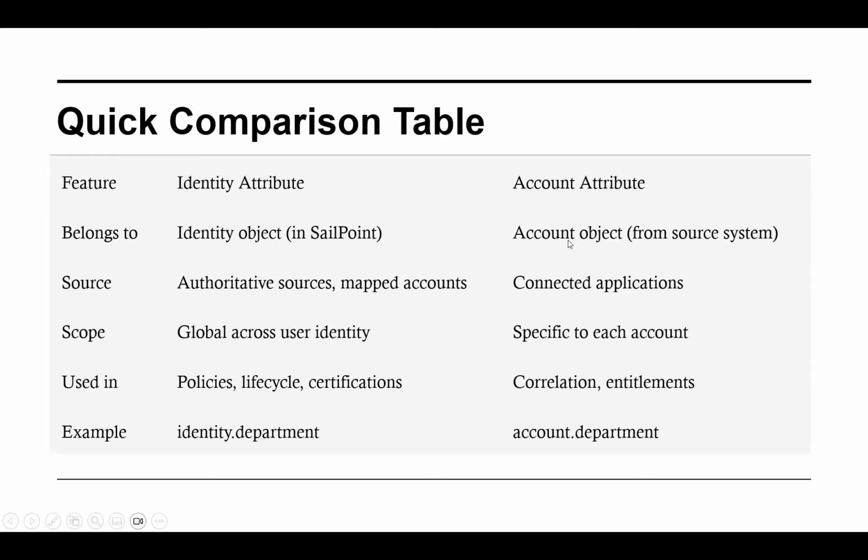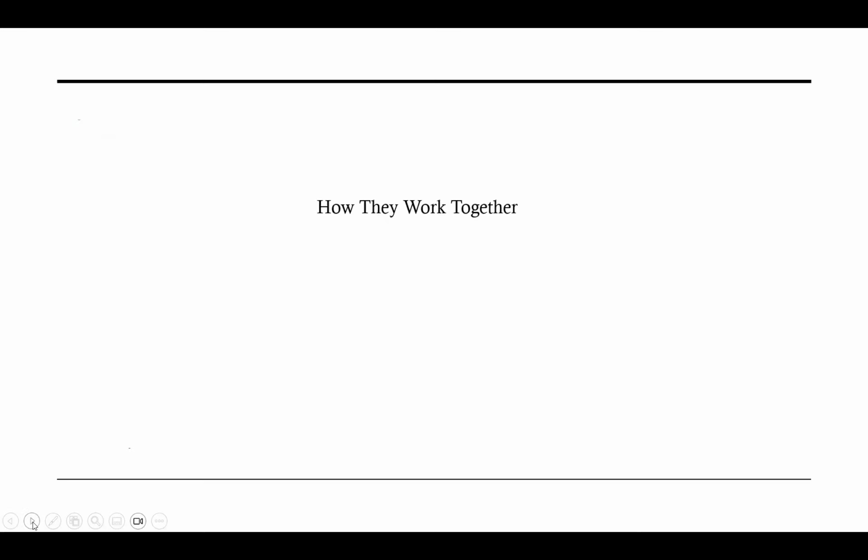Identity attributes are used in policies, lifecycle, and certifications, whereas account attributes are used in correlation and entitlements. You fetch identity attributes from identity.department and account attributes from account.department. That's the variation. Now you can see how they work together.